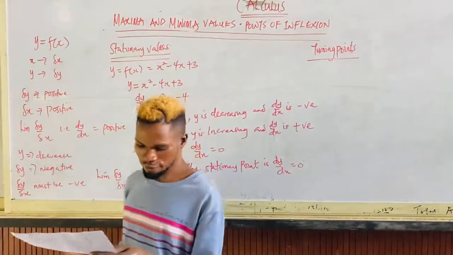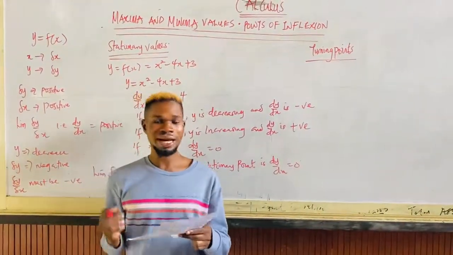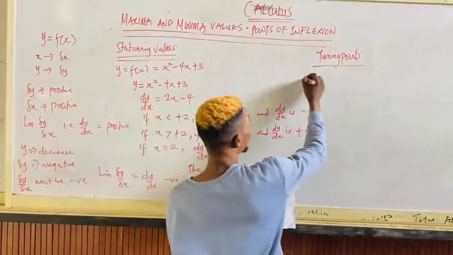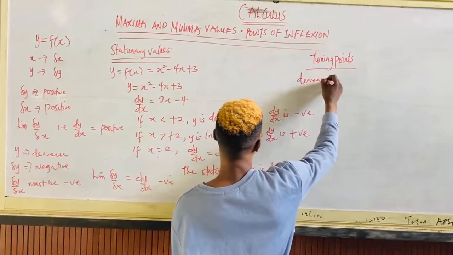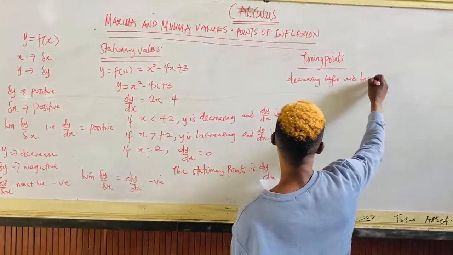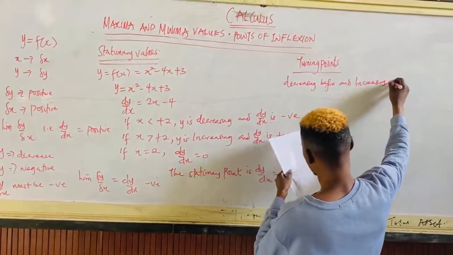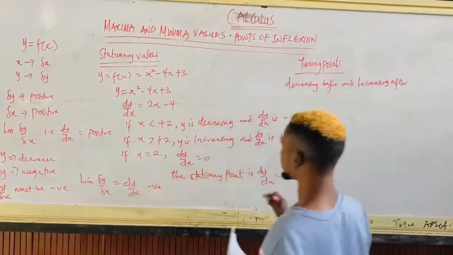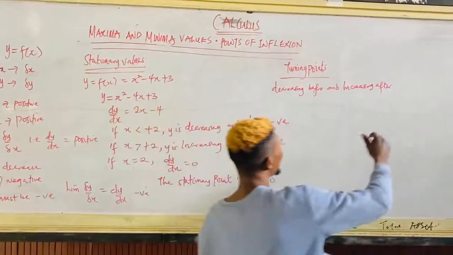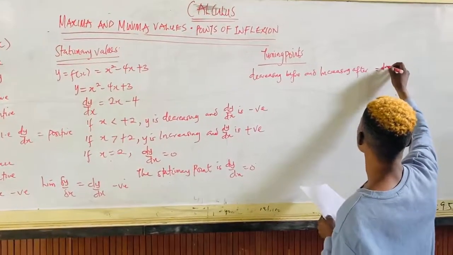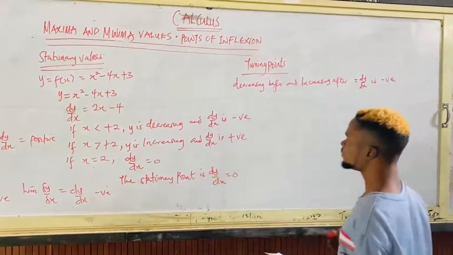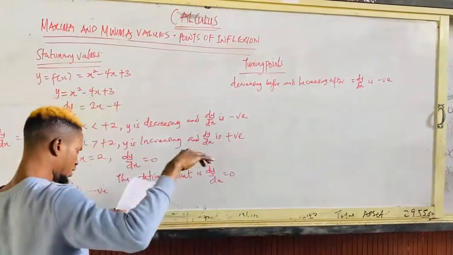When the values of a function are decreasing before and increasing after, then dy dx is negative if it is decreasing before and increasing after.